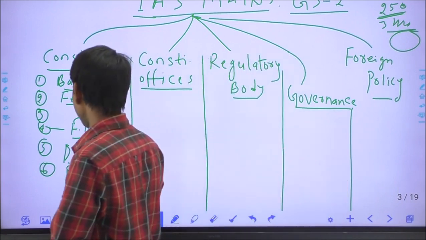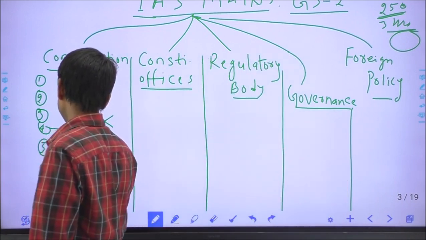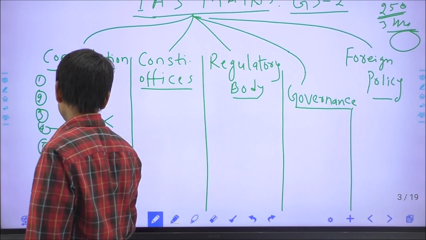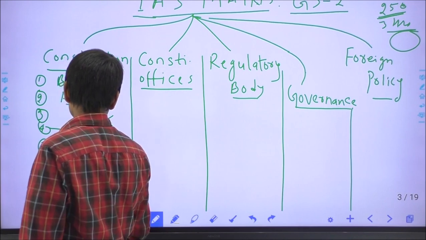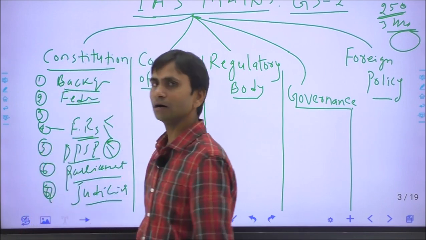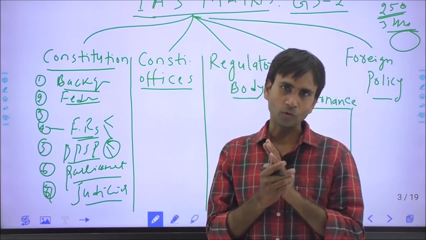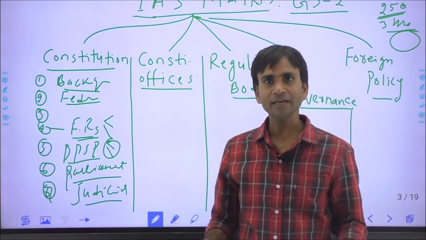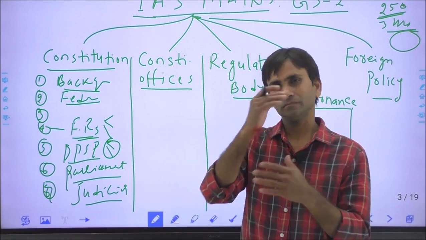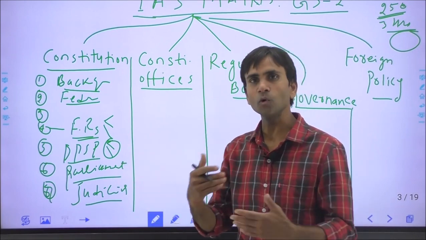Second is the role of the judiciary. The judiciary includes the lower court, subordinate court, High Court and the Supreme Court. Factually you have completed the different articles on the Supreme Court and High Courts.